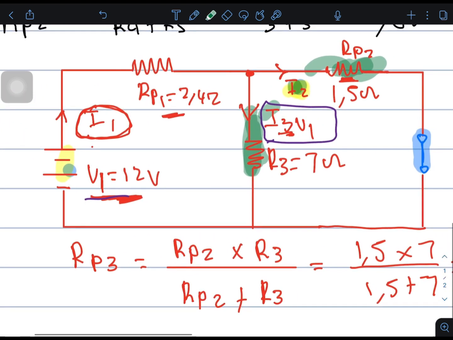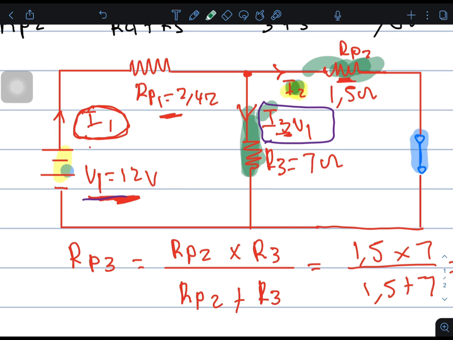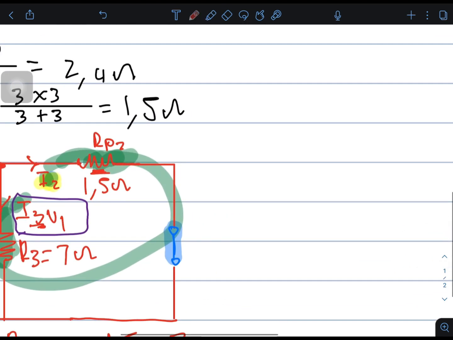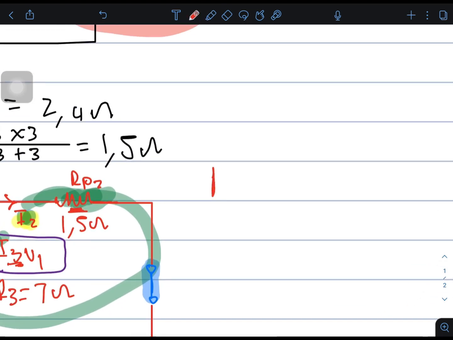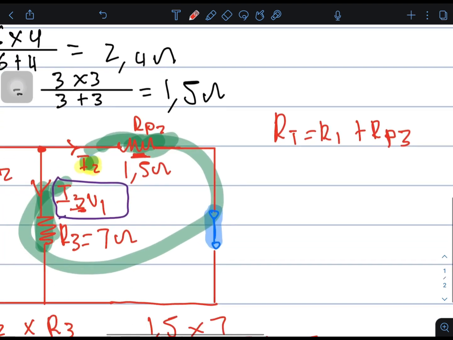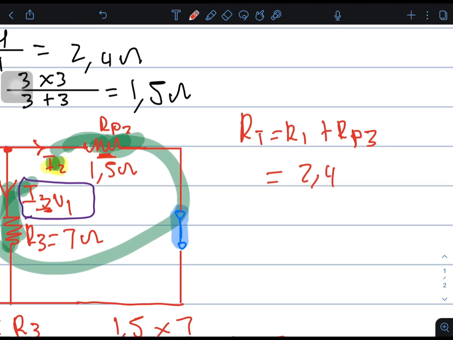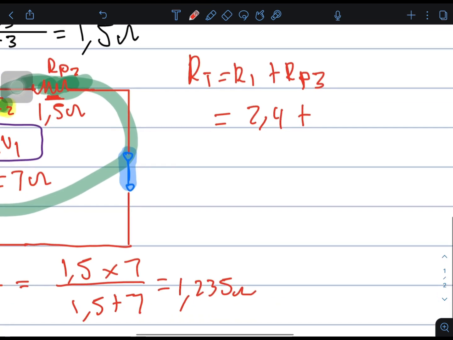Now we have to find the total, because this parallel branch is in series with the resistor R1. That means RT is R1 plus R parallel 3, which is 2,4 plus 1,235.